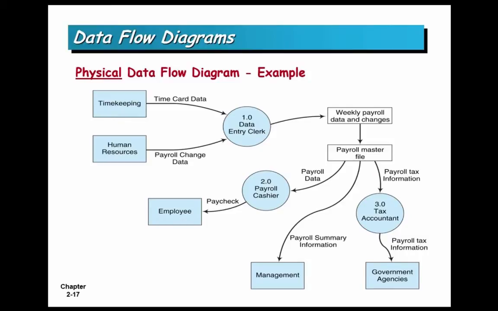The reason you could break that rule in a physical data flow diagram is because this is all done in a computer, and there's no human entity between them. There is a process between them normally, but in this case there's no human entity between them, so it's not really breaking the rule. It's because these are not processes. But when you do logical data flow diagrams, this would be a no-no.